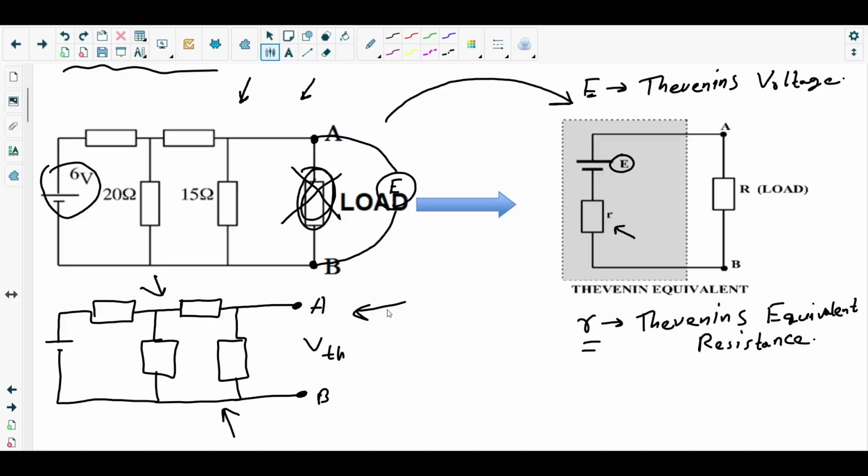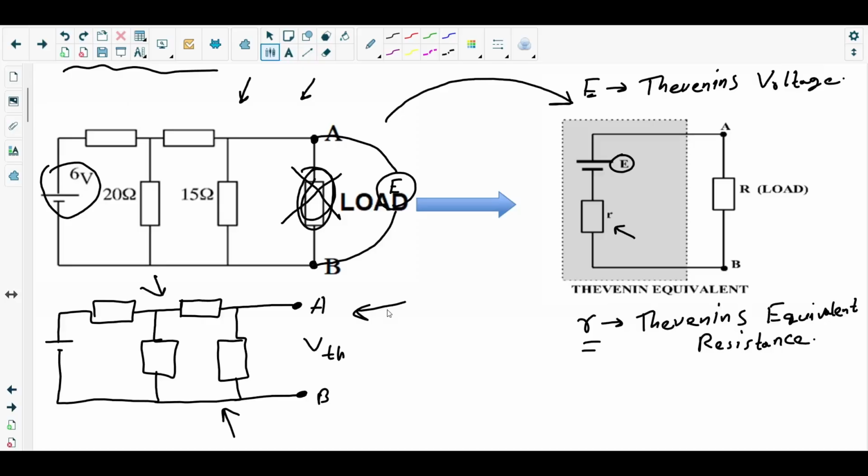You see, in the Thevenin's equivalent circuit, the Thevenin's equivalent resistance, small r, is connected in series with the load resistor, right? So from the Thevenin's voltage, the load resistor will take up its PD, its voltage, right?